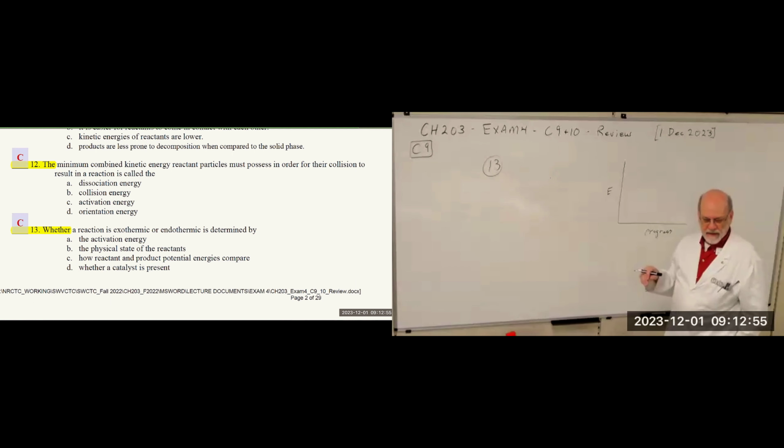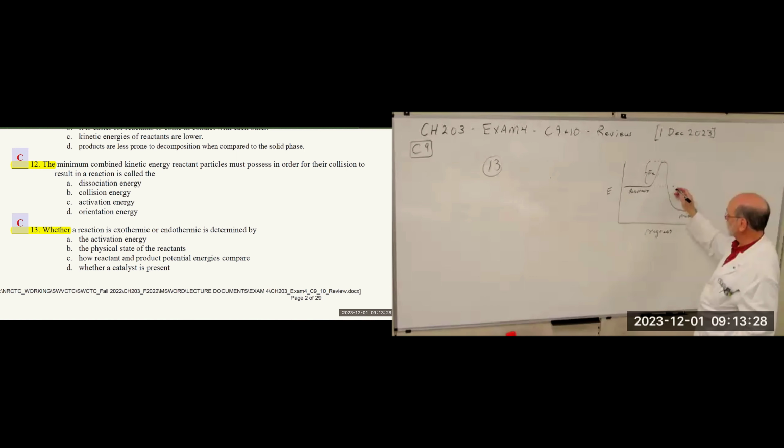So if we start off here with our reactants, then we need a certain amount of energy up here to make the reaction go. This is the activation energy. And then this is the energy of the products. Right, so this is activation energy right here.